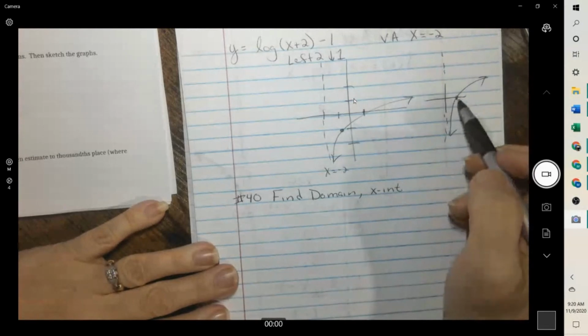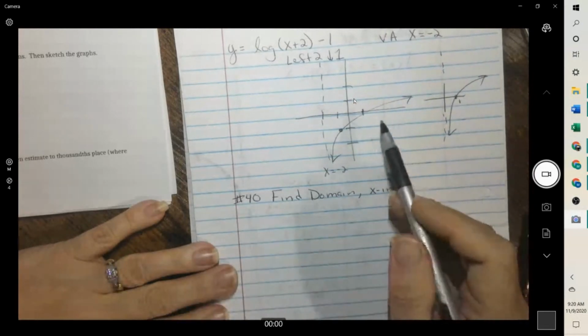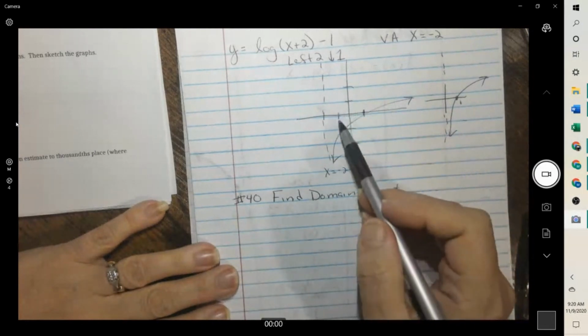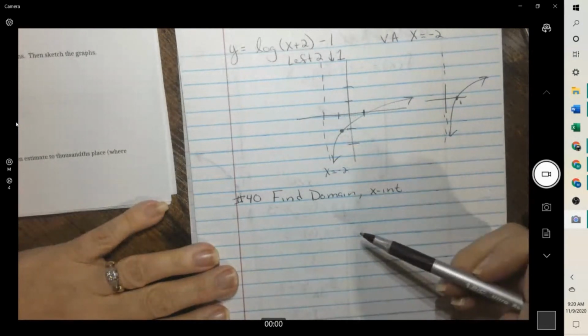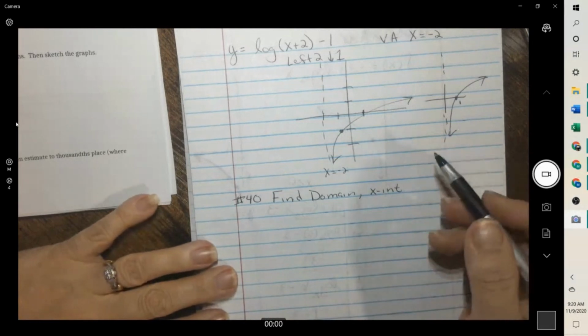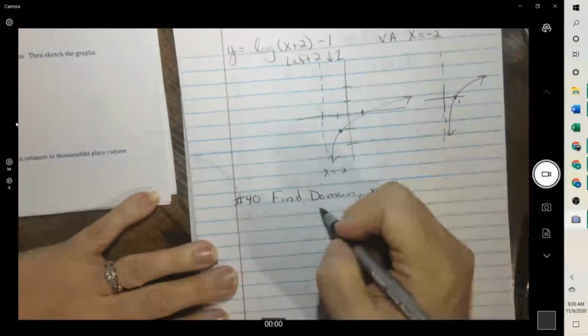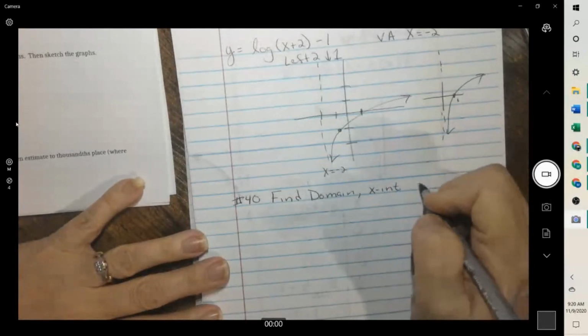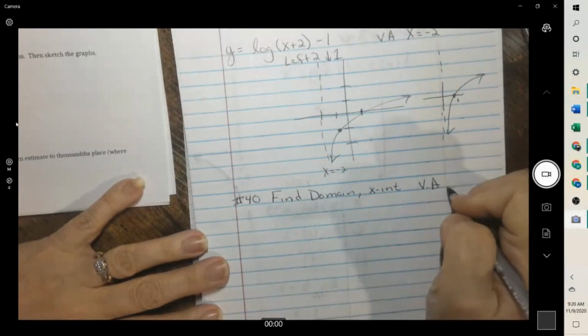Okay, cool. So then we went left, down 1. Domain, x-intercept, vertical asymptote.